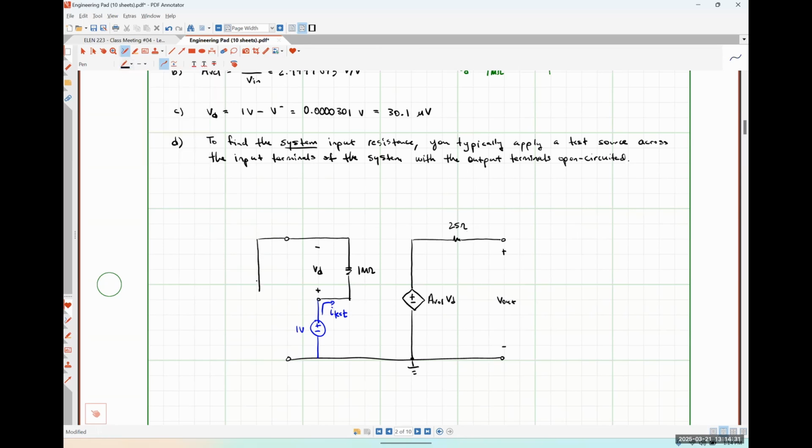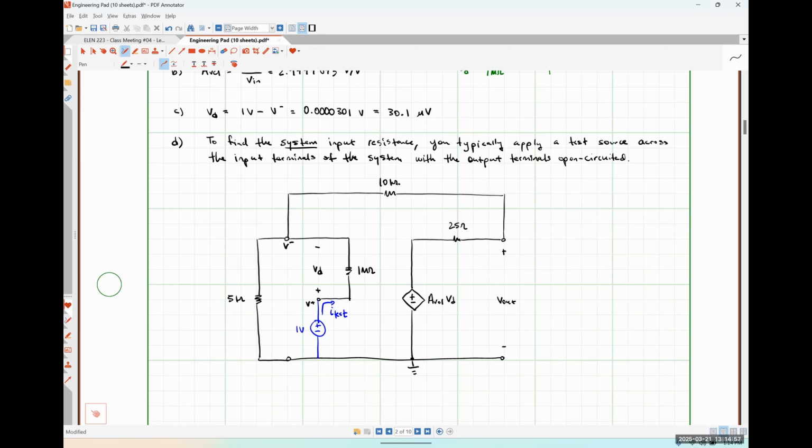I have still a 5 kilo ohm resistor connected between my inverting input terminal and ground. So here's V minus, here's V plus, and then I have my 10 kilo ohm feedback resistor here.